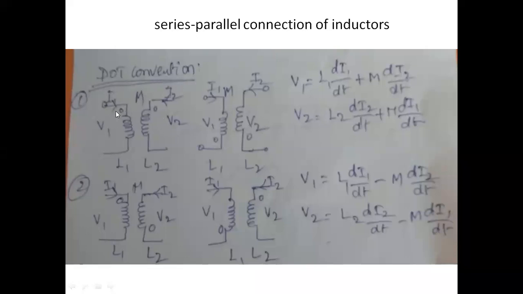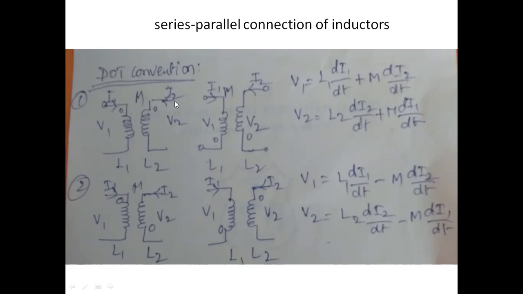Dot convention. This dot represents the generation of the flux. If we consider the first figure, we have a coil, and for that coil the current I1 is flowing by the application of the voltage V1. Another coil is connected with coil 1, so there is a mutual inductance between these two coils.